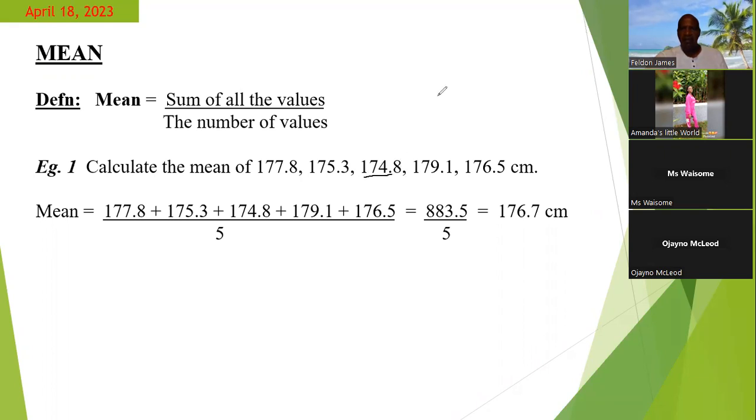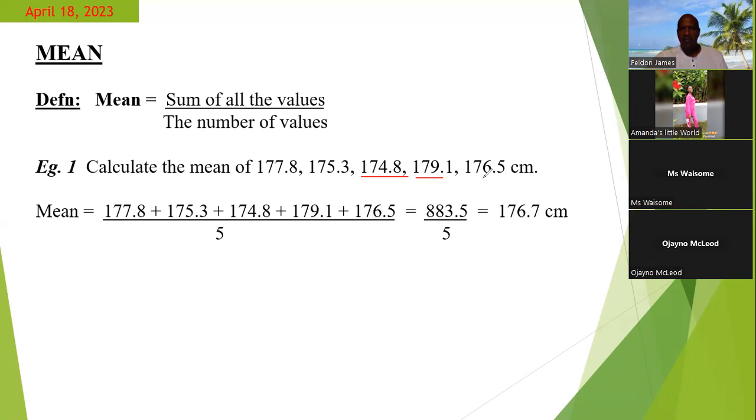Hopefully I'm correct. So that's the lowest one. And we look for the highest one. We would have 179.1.